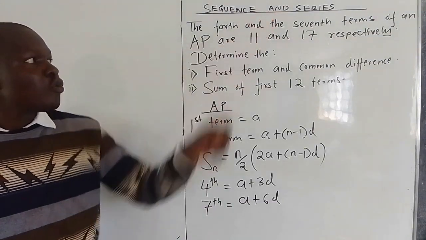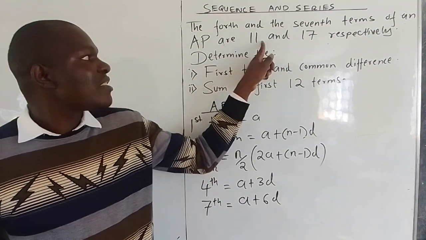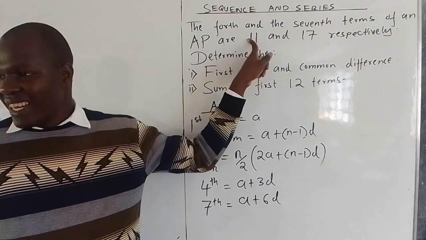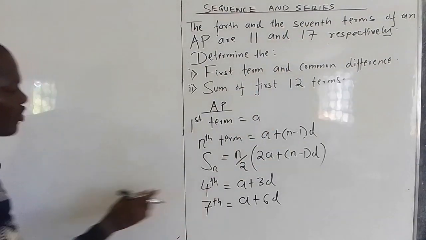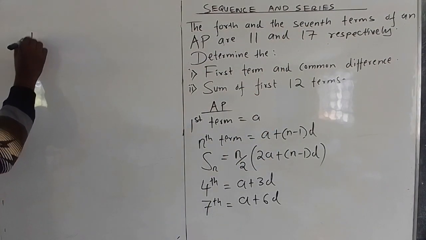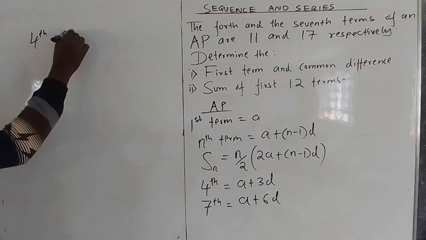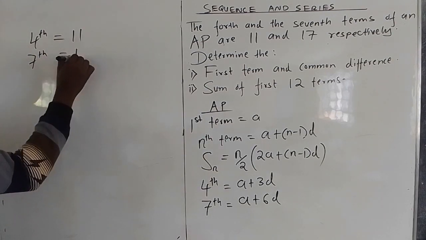Then you go back and join those statements as required, isn't it? The fourth and seventh terms of an AP are 11 and 17, meaning respectively, 11 is the fourth term and 17 is the seventh term. So the fourth term is equal to 11, and the seventh term is equal to 17.